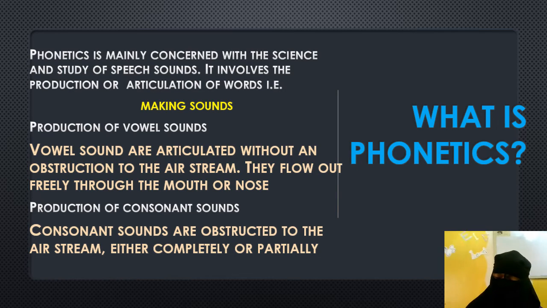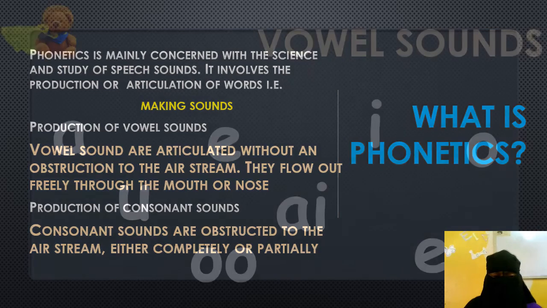The obstruction could be partial, where a consonant assimilates a vowel sound to continue. Other sounds have complete obstruction: p, b, d, k. There is no way you can actually flow with them freely.